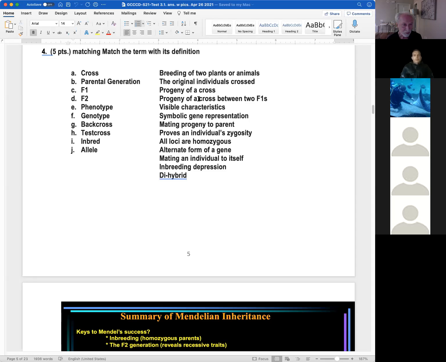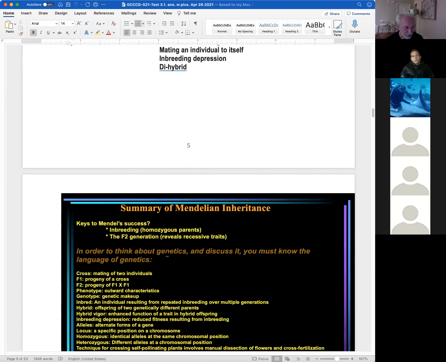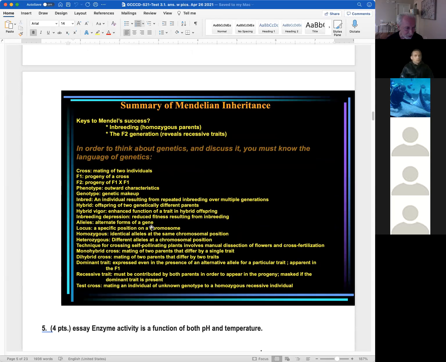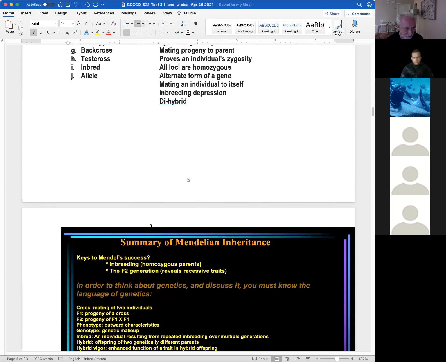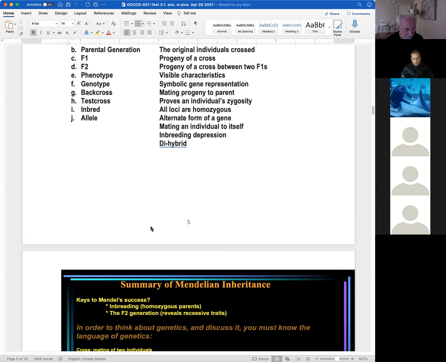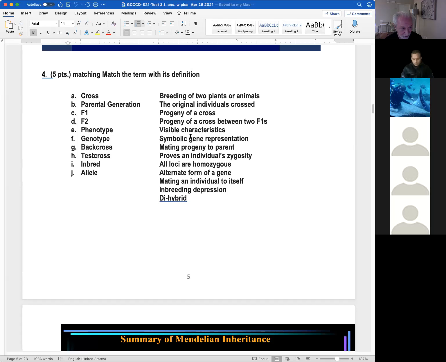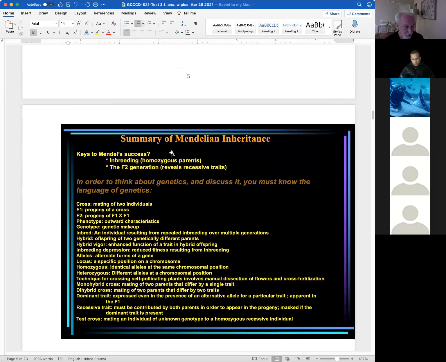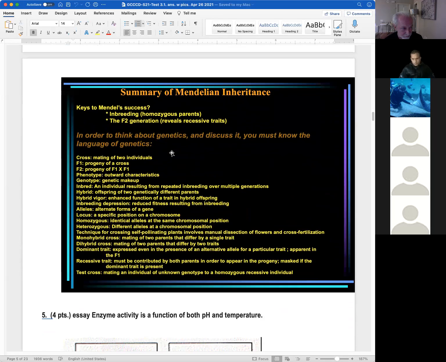Thank you for pointing out that that term is missing from this list. But for those of you who haven't solidified in your minds these definitions, please do, because it's important and it will very likely come up again in subsequent quizzes or tests.